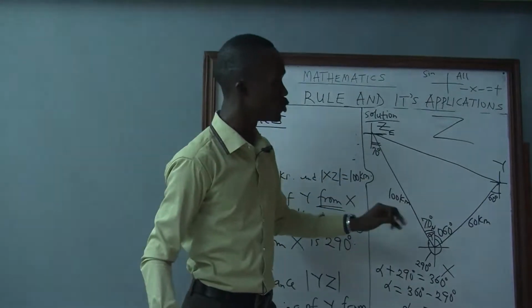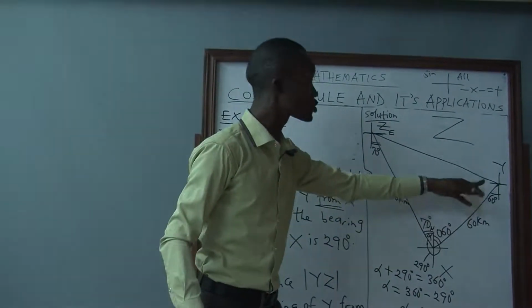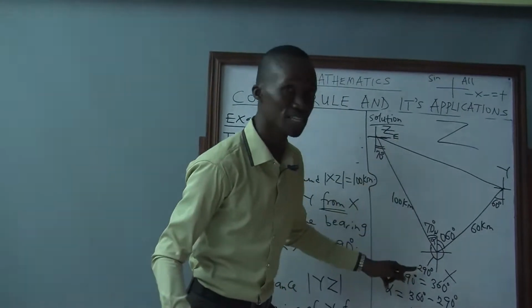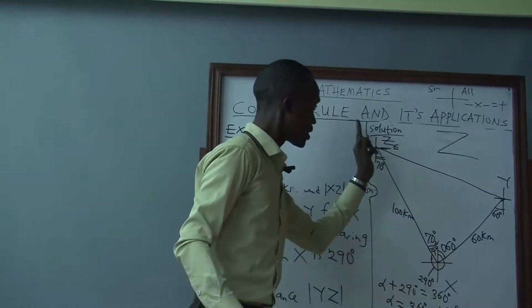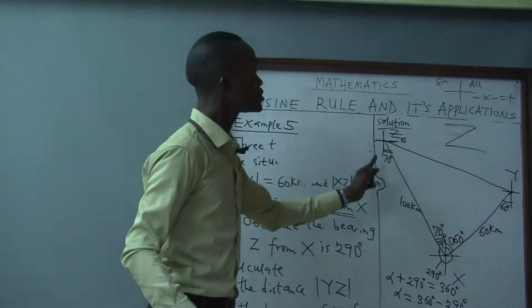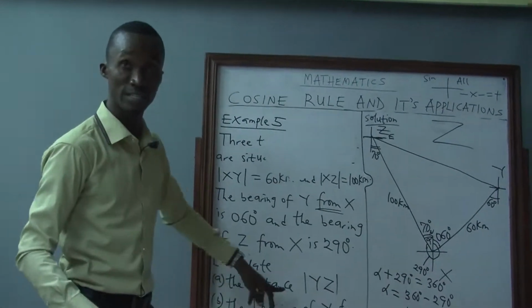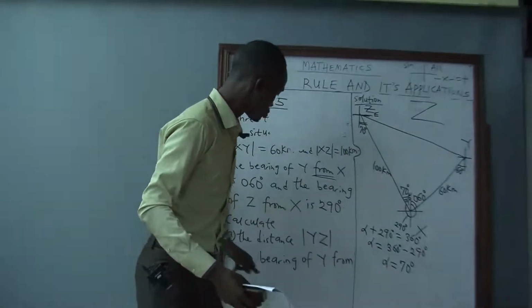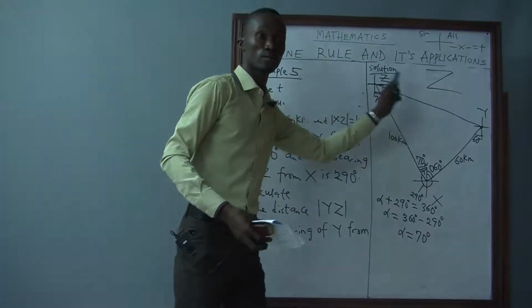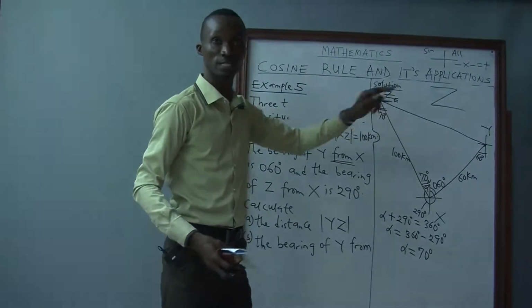What you just need to do is draw it to any scale, but the line that you are using to represent 60 should be shorter than the line you are using to represent 100. If you use the same line, you may end up getting the first part, which is talking about the distance, but to get the second part, which is asking us for the bearing of y from z, there will be a problem, and you may not even get the right answer.